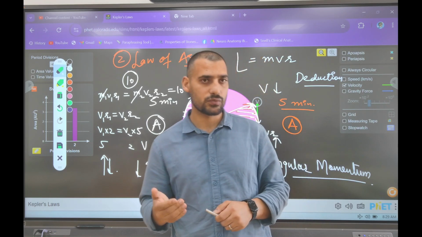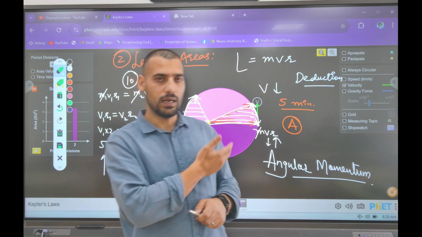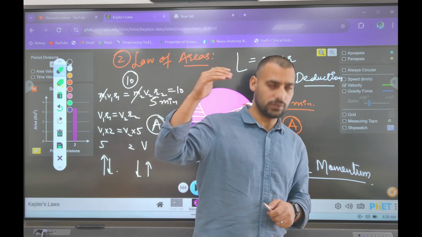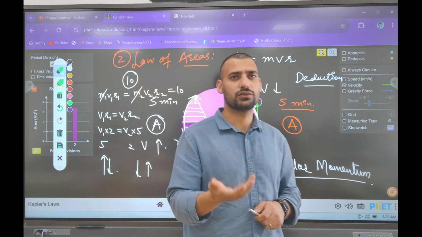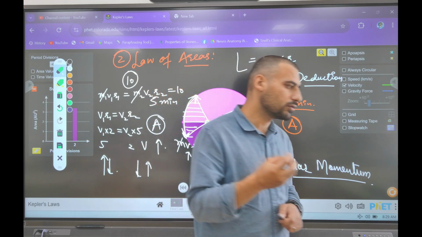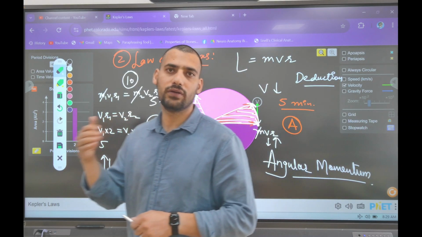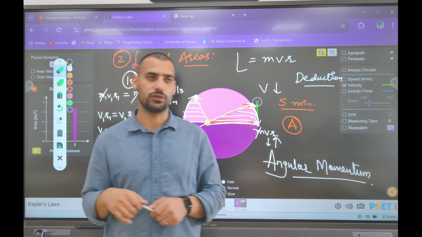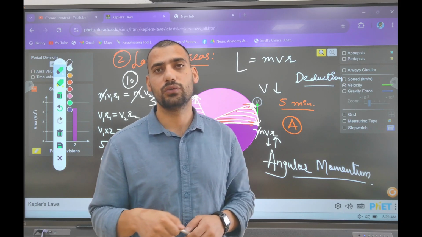Okay? Because we are talking about the magnitude of the speed here. It increases when it goes closer to the sun and decreases when it goes away from the sun. Okay? Full stop. This happens to conserve angular momentum.